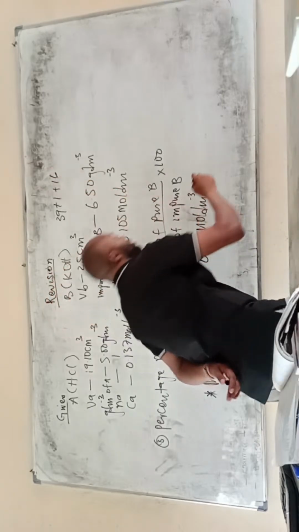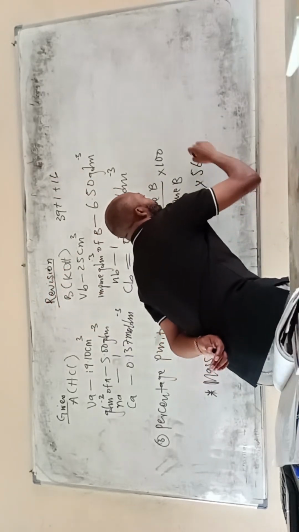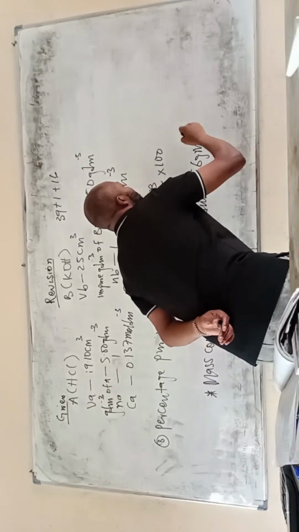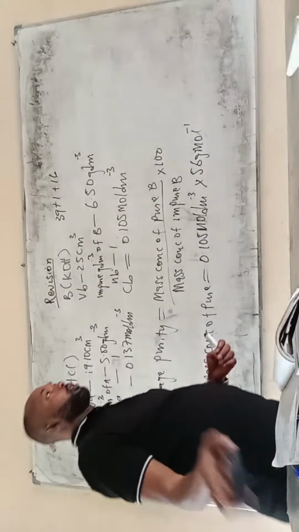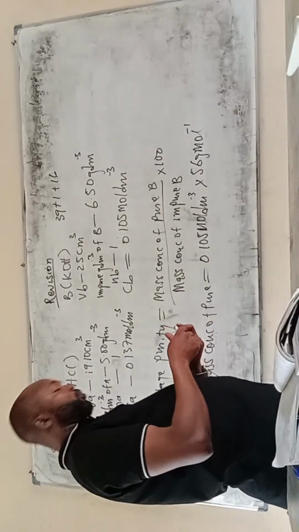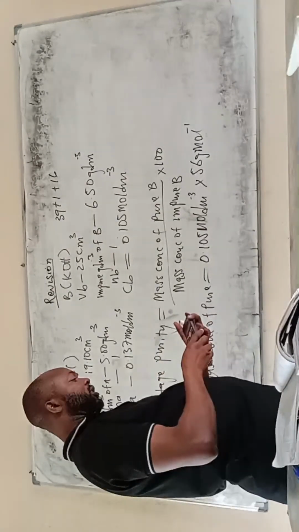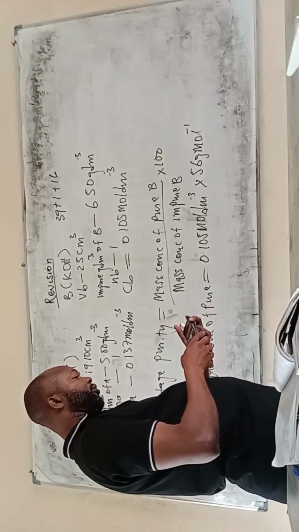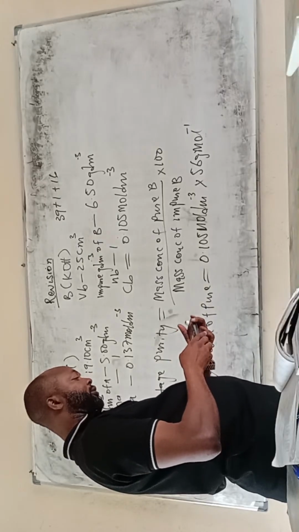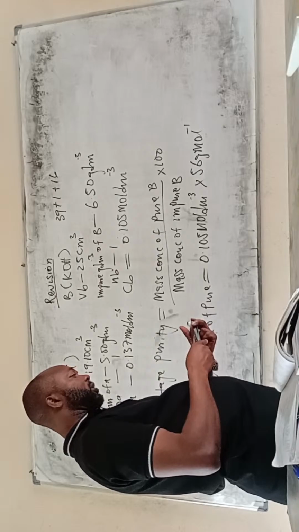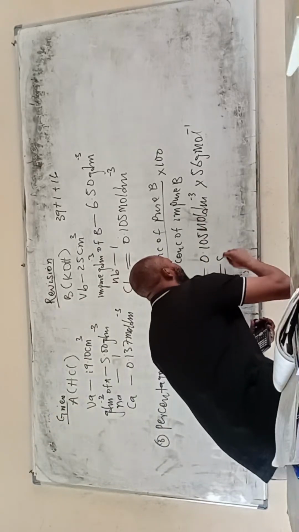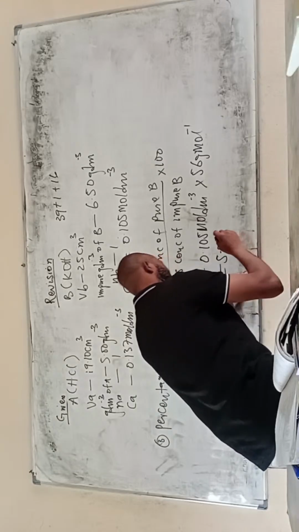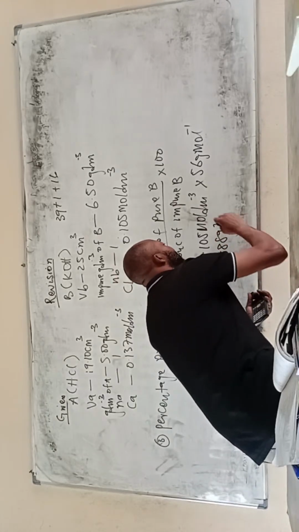That's 56 g per mole. If we do this, then we're going to multiply. 0.105 times 56 is equal to 5.88. So this is 5.88 g/dm³.